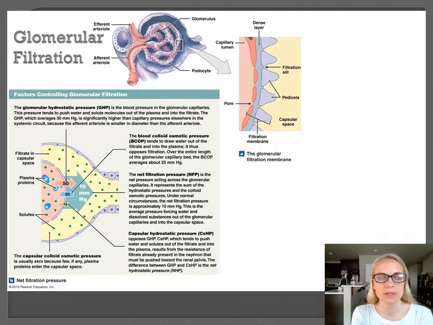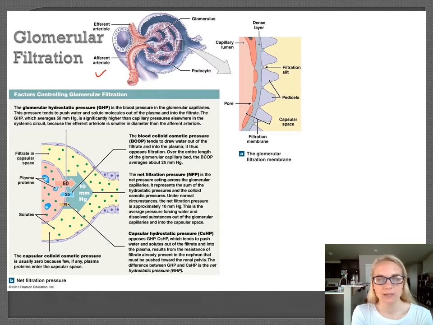Okay, so here's that diagram up here that we saw in the first mini lesson, with a close-up of those capillaries, with the afferent arteriole bringing blood into the glomerulus and the efferent draining from the glomerulus.